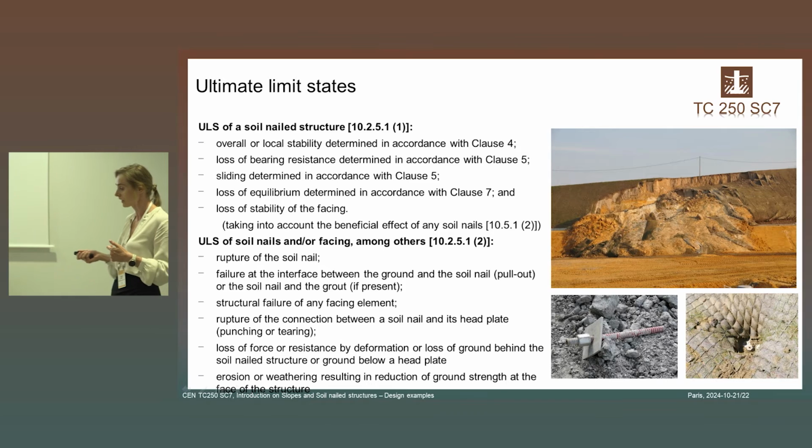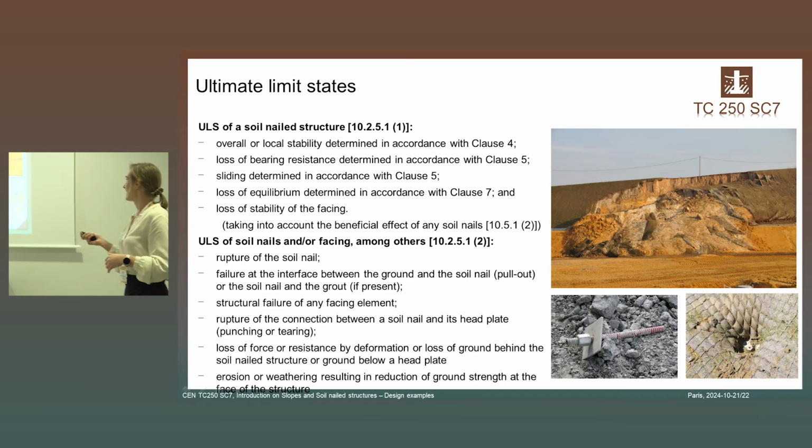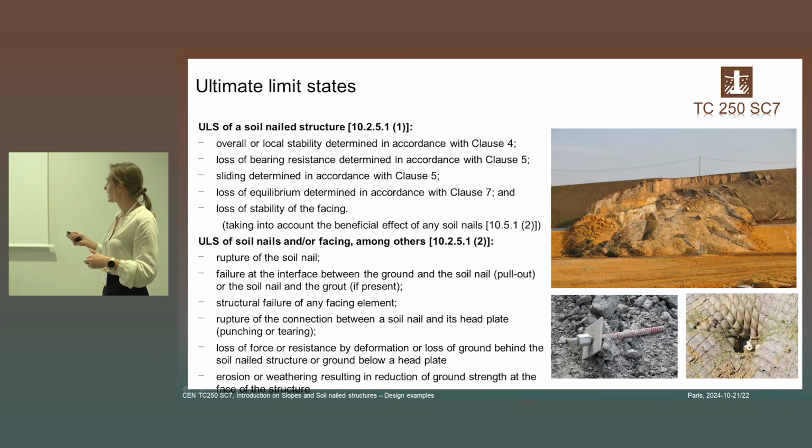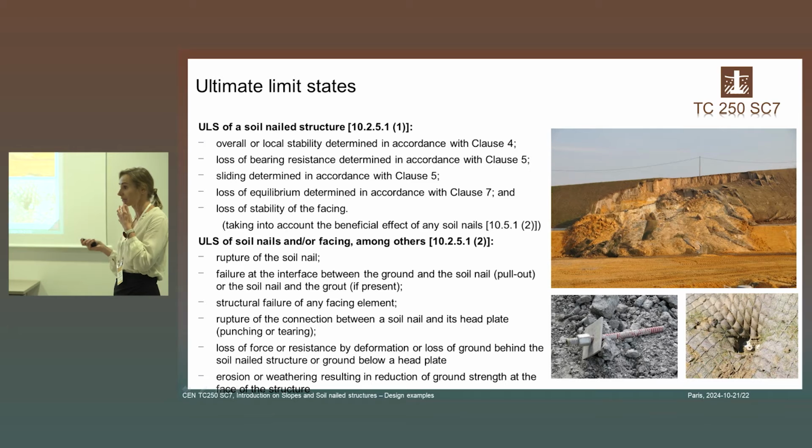geosynthetics. The general limit states of soil nail structures are, as I already mentioned, to be analyzed according to these basic clauses 4, 5, or 7, considering the beneficial effect of the soil nails.